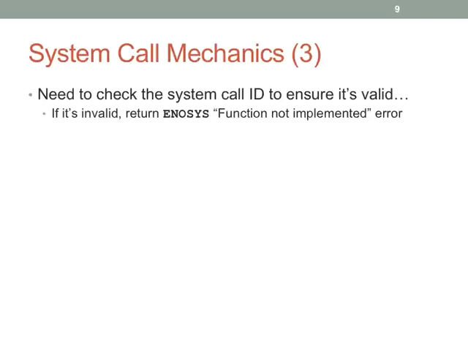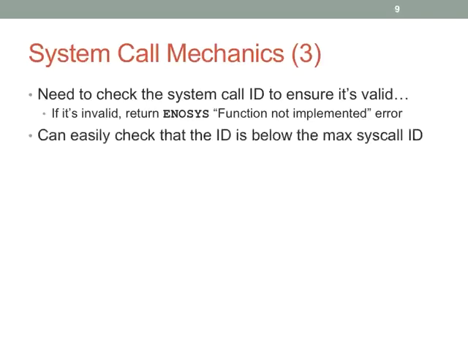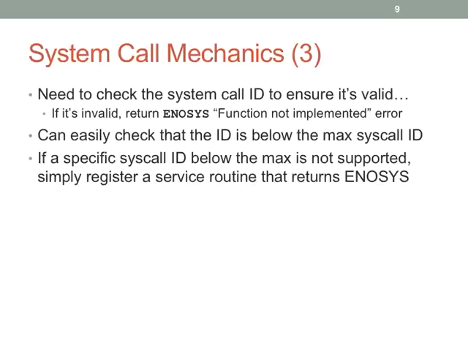So it just sets EAX to -ENOSYS, and then the user program will see, oh, okay, I tried to call something that wasn't valid. Okay, so that's how you handle gaps within the system call numbers. So one of the things you do is check that it's below the max system call ID, and that was the other thing, the I'm not a system call handler.